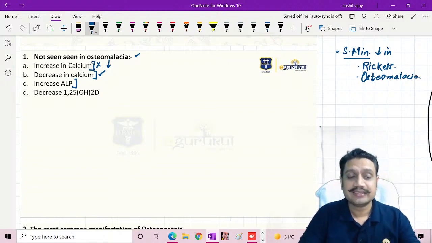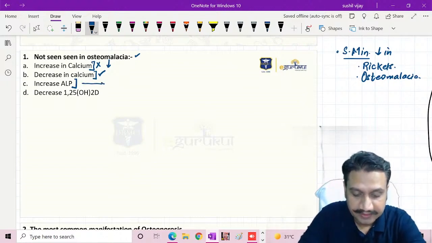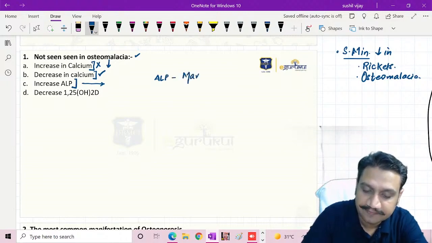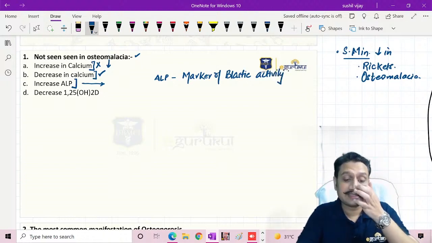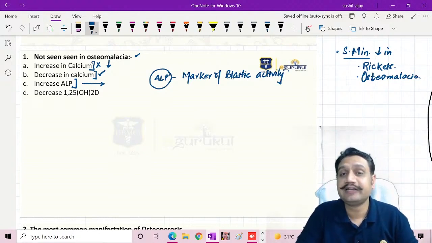See, alkaline phosphatase is a marker of osteoblastic activity. It is a marker of blastic activity. What does that mean? That whenever the blastic activity is high, the level of alkaline phosphatase will automatically increase.